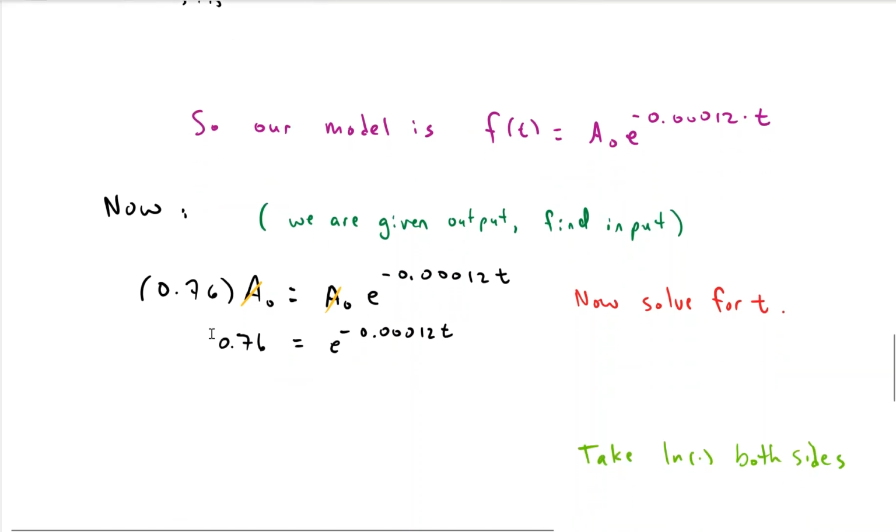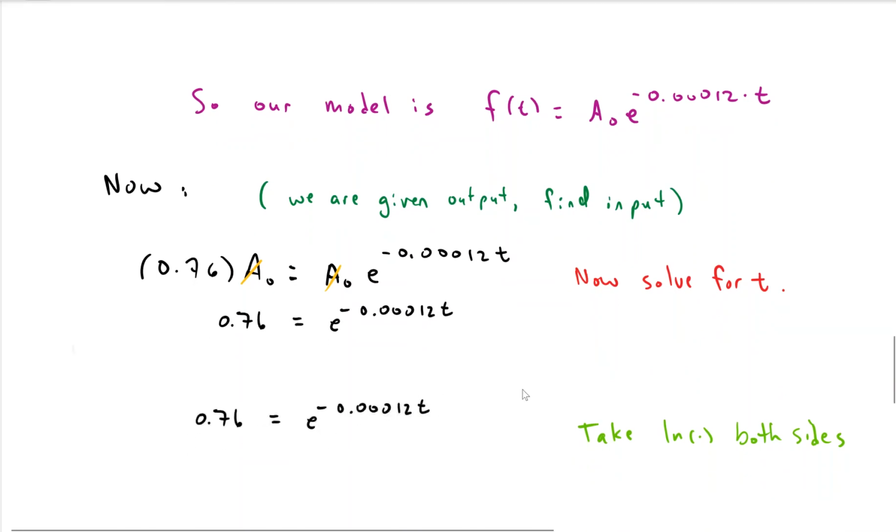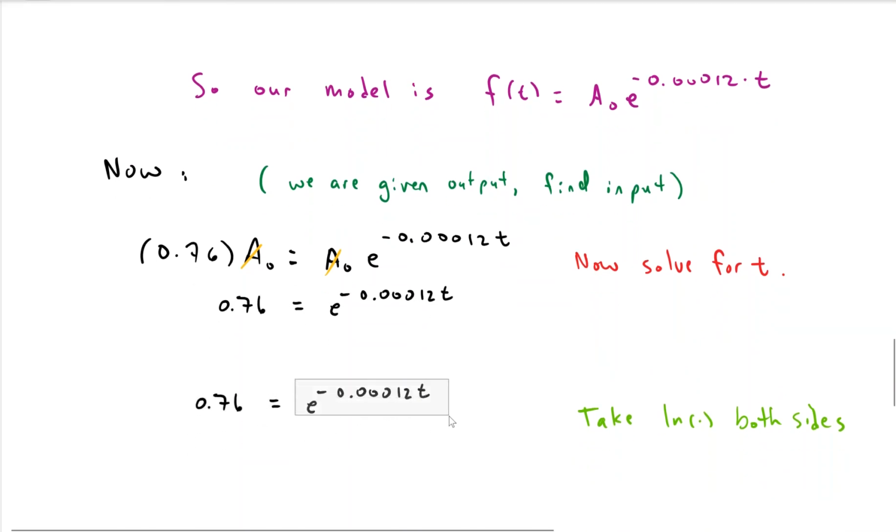So we need to get t again out of the exponent. So if we take the natural log of both sides of the equation, just like we did in our last step, we'll take the ln of 0.76, and we'll take the ln of e to the negative decay constant times t.